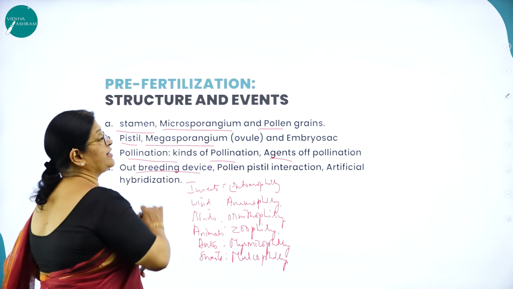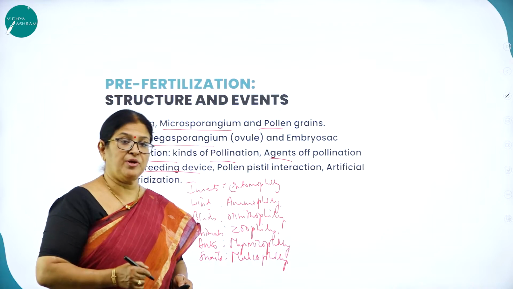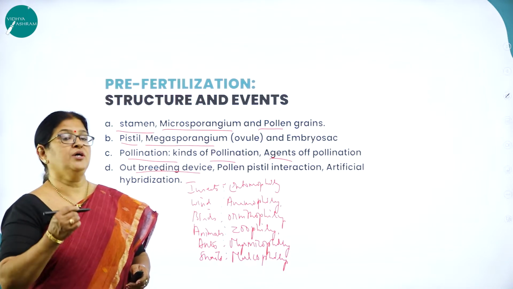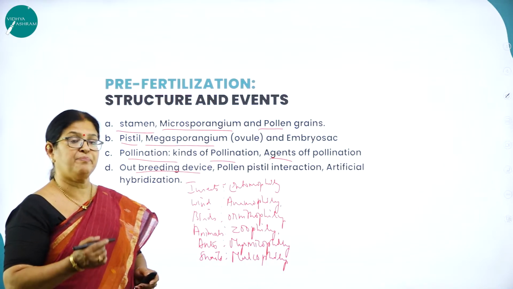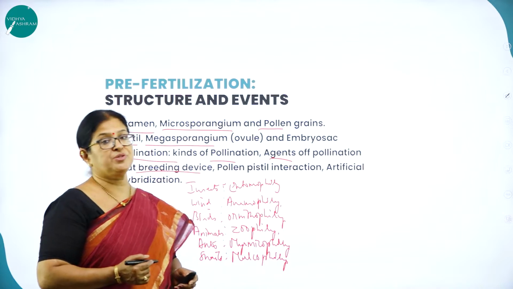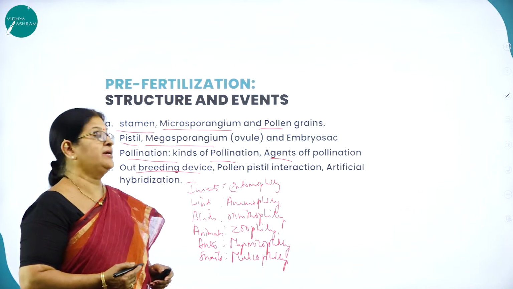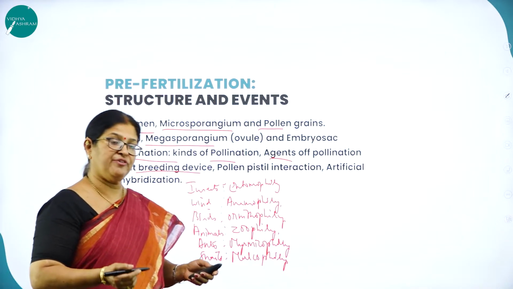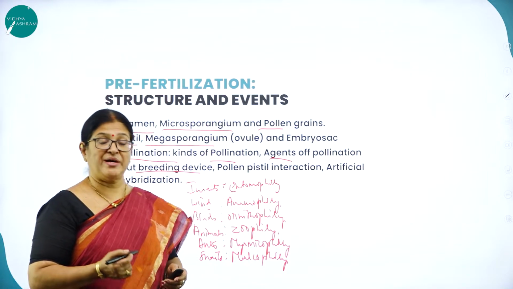Then outbreeding devices. See how the plant will avoid self-pollination and enhance cross-pollination. Plants that are produced through cross-pollination will have better genetic variety than plants produced through self-pollination. So there are outbreeding devices, such as the stigma receptivity and the release of pollen grains being at two different times, so that it can avoid self-pollination, particularly when we come across a bisexual flower.